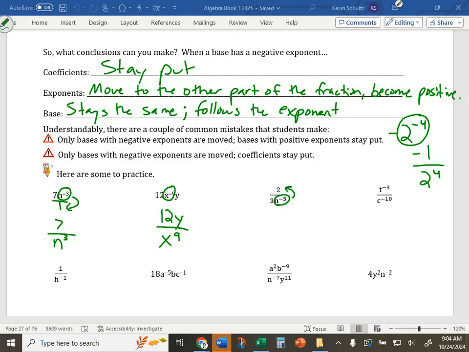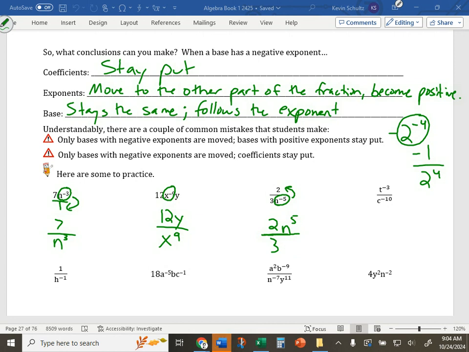The 2, that's already up there, doesn't change, right? That's just a 2. The 3, which was a coefficient, doesn't change, but now in our numerator, we also have that n to now the positive 5th. Now the 3's all lonely. The 3 is lonely, but it's an introvert, so it's okay. But 3 is the loneliest.